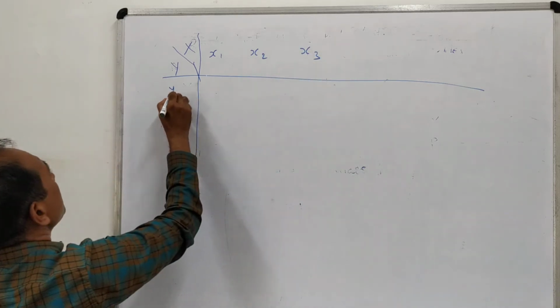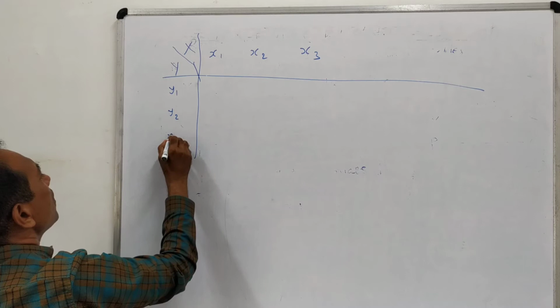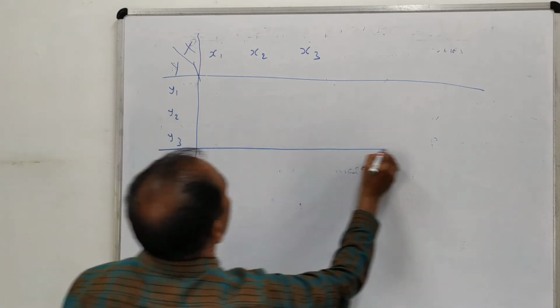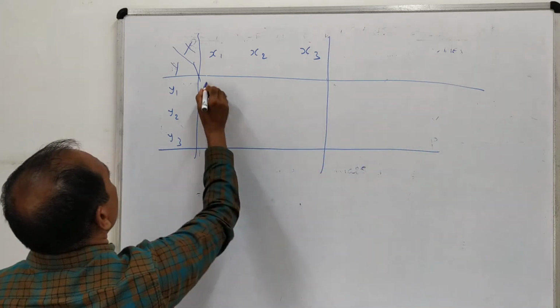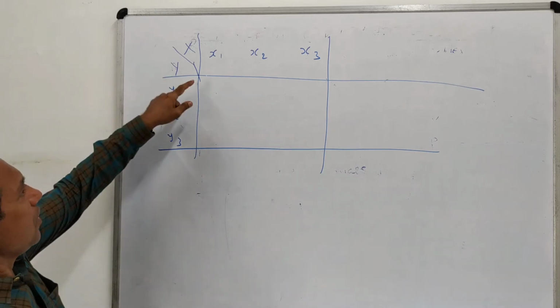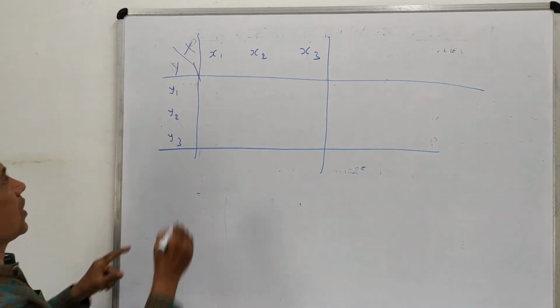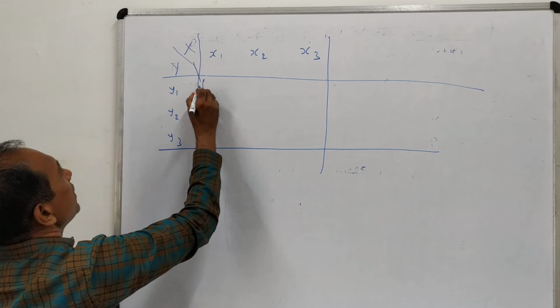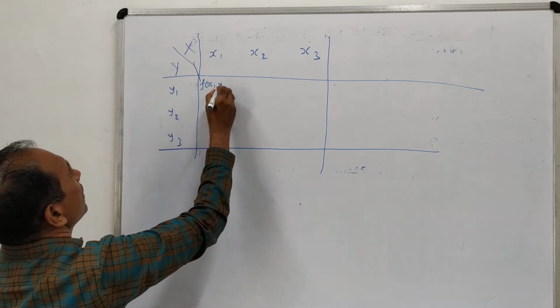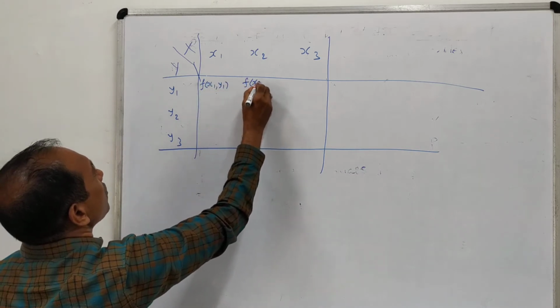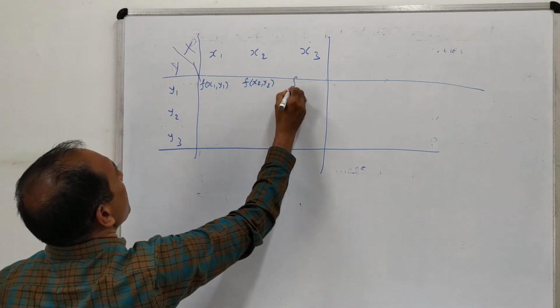Here are the values of say y1, y2, y3 or whatever it is. Okay. So now the probability corresponding to x1 and y1 we will denote as f(x1, y1), this as f(x2, y1), this as f(x3, y1).